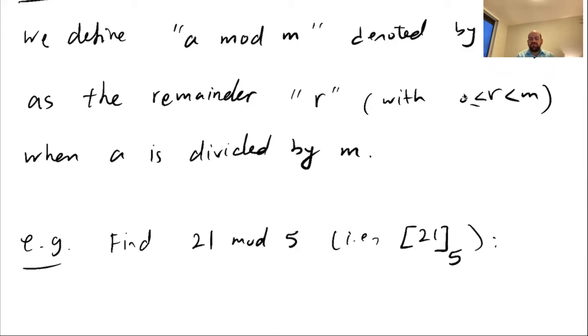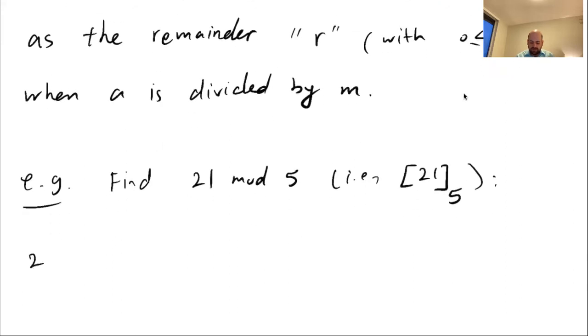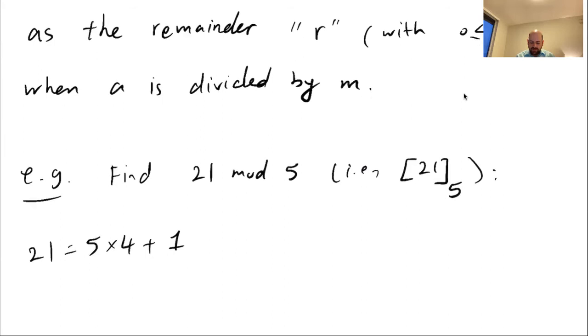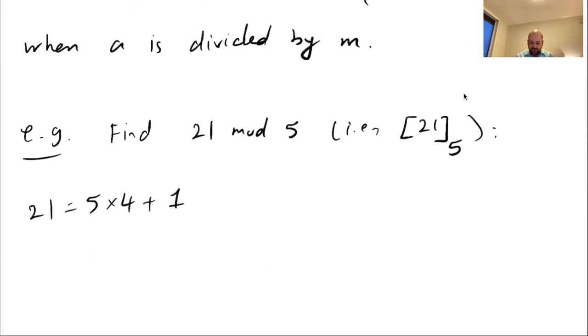You just need to find the remainder when you divide 21 by 5. What is the remainder? We know that 21 is 5 times 4 plus 1. So this is the remainder. R is equal to 1, so 21 mod 5 is equal to 1.